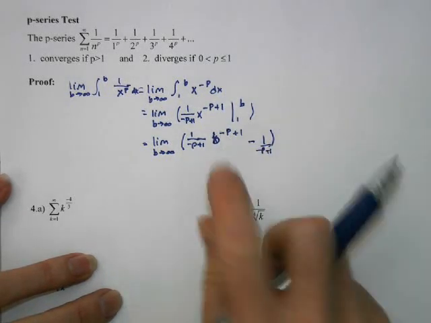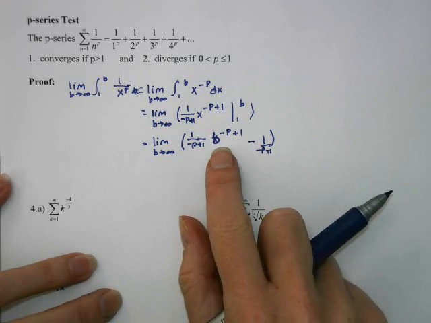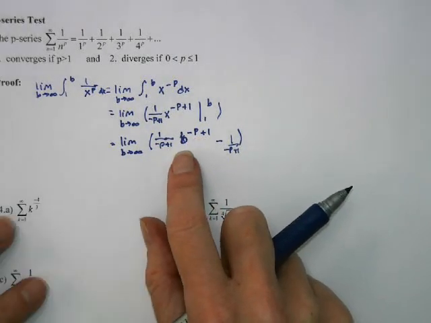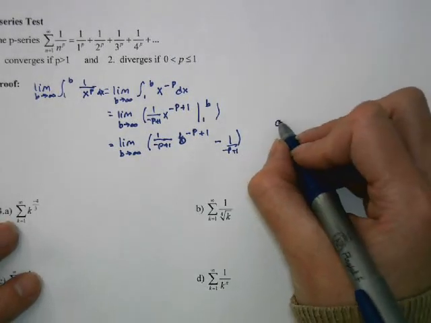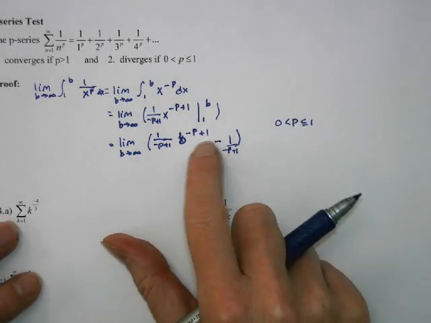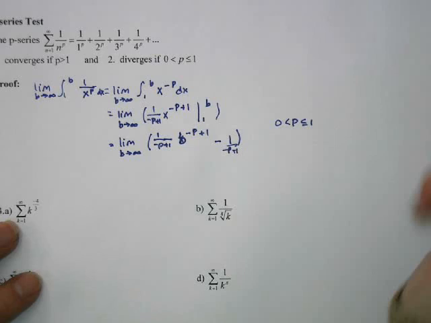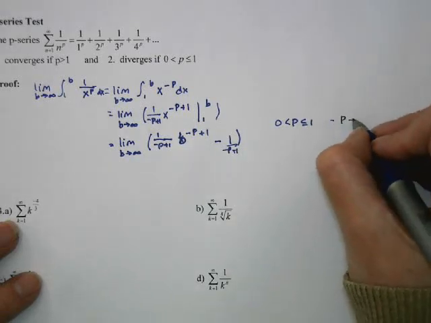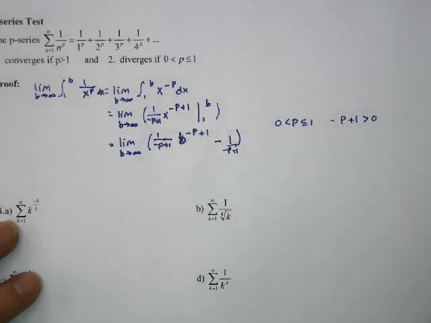This part's not going to really matter. This is the important part here. Okay, we're trying to decide what values of p will make this converge versus diverge. Well, we have a negative exponent here. So if p is between 0 and 1, that means this exponent is going to be greater than 0, which means this is going to go to infinity.